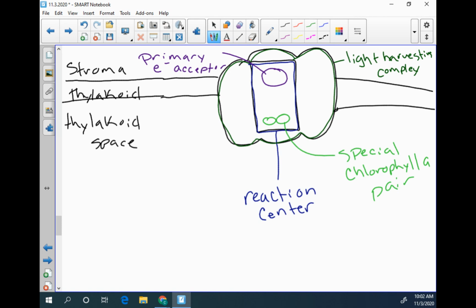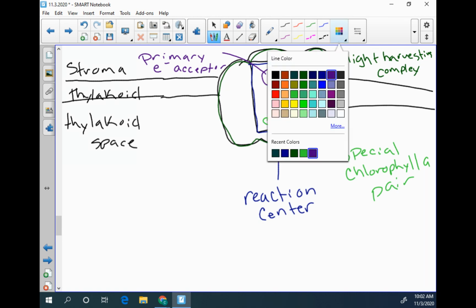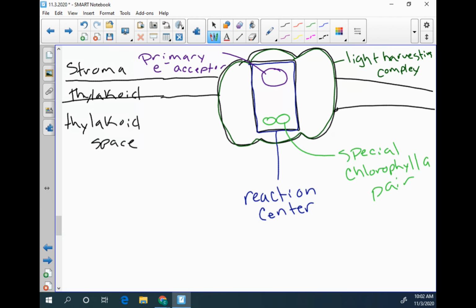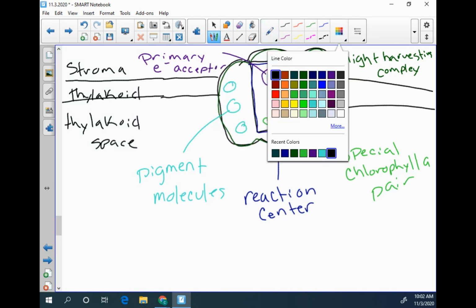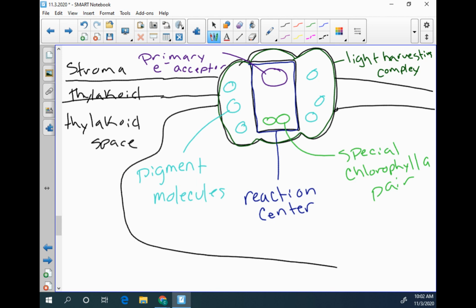And in our light harvesting complex, we have our pigment molecules. This entire thing is our photosystem.